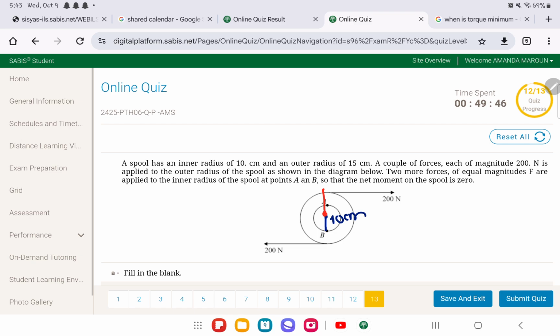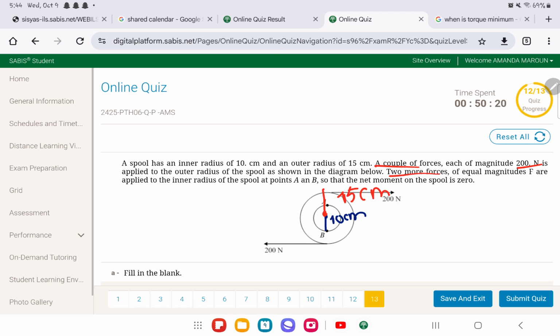So from the center to B was 10 centimeters, and from the center to the external circle is 15 centimeters. A couple of forces, meaning they go in opposite directions but their rotation is in the same direction, each of magnitude 200 newtons, applied to the outer radius of the spool as shown in the diagram below.